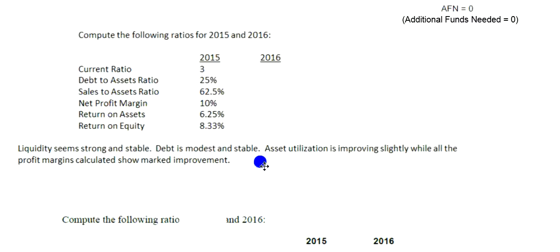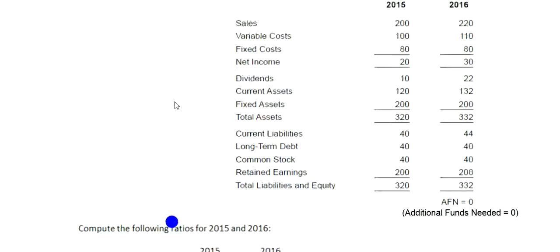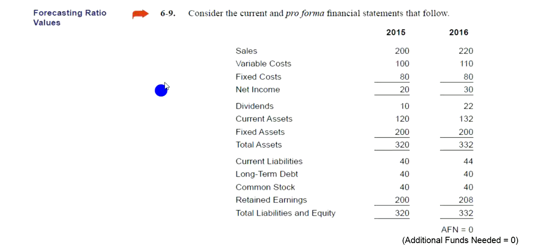Debt is modest and stable. The utilization of your assets, or the return on them, is improving slightly, while the profit margins show a pretty good improvement. So see if your answers match up with the narrative of what's going on down here, and you'll probably be correct. And that does it for our homework for Chapter 6.